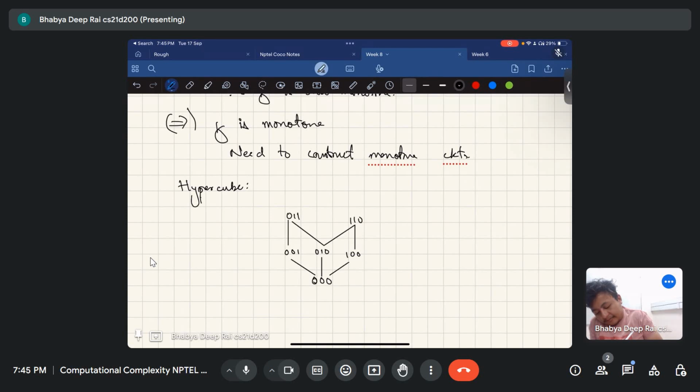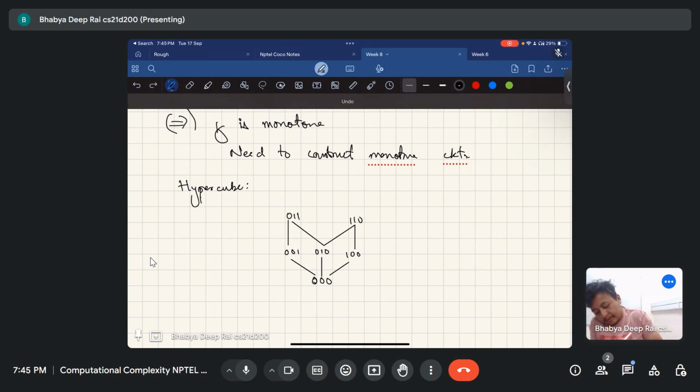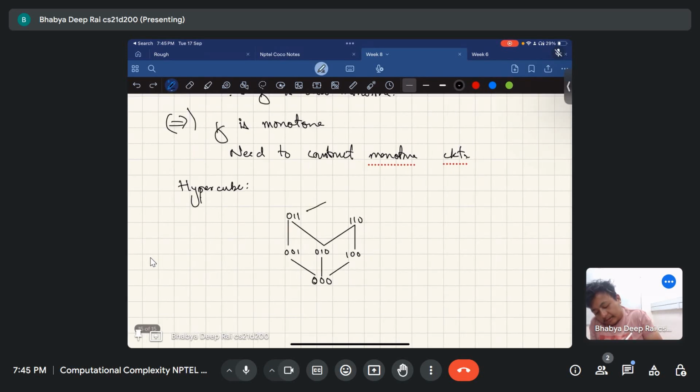And here you have, you're just doing a bitwise OR actually.